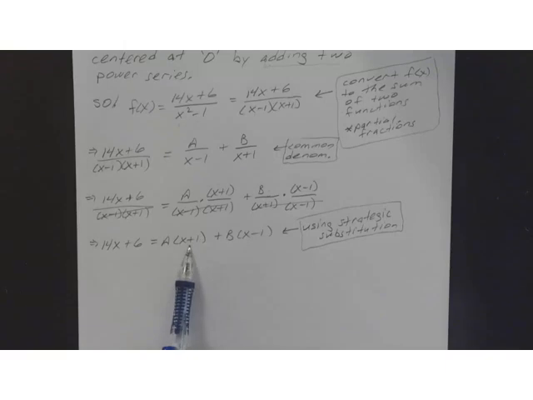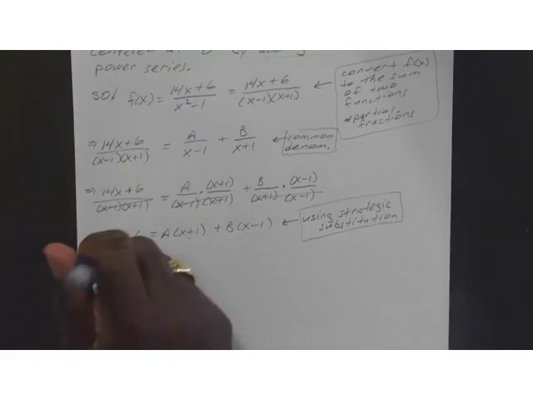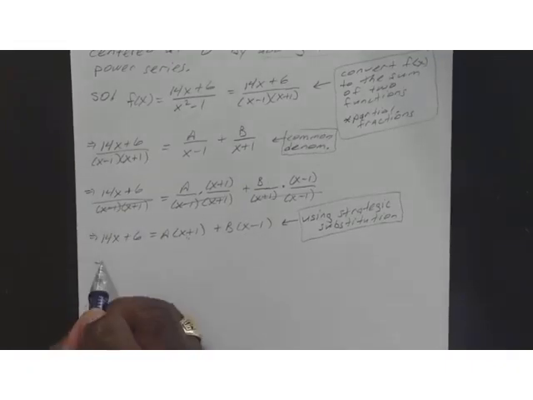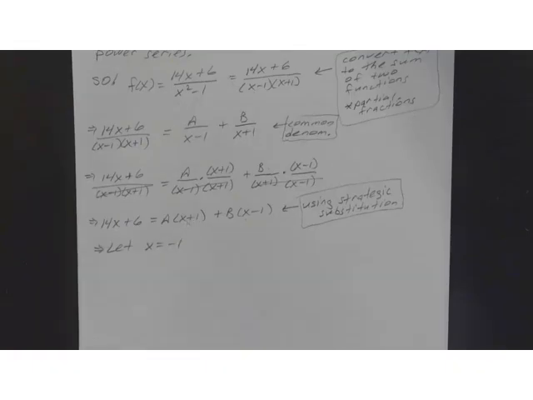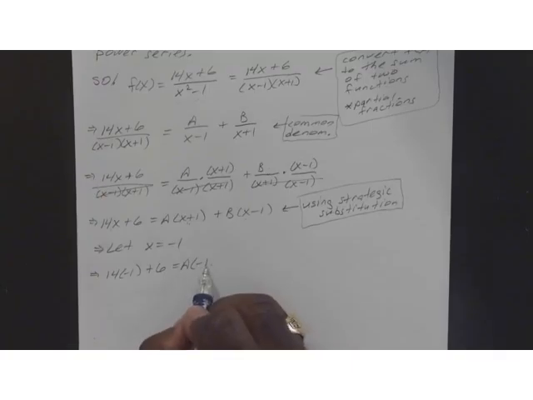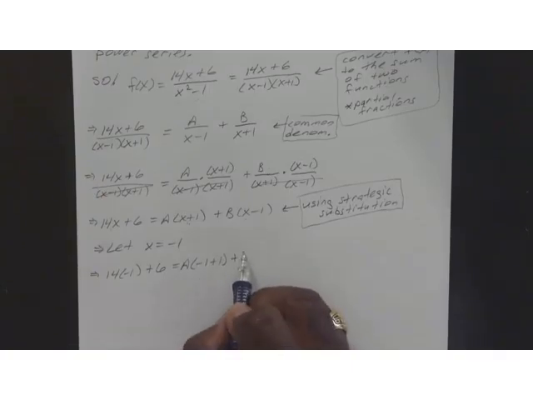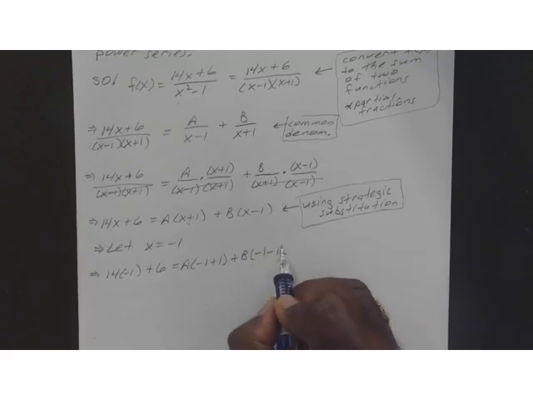Okay, so we know x plus 1, we want to make that equal 0, and x minus 1, we want to make that equal 0. So what if we make x equal, I'll say let x equal negative 1, because that would make this term equal 0. So that gives us 14 times negative 1 plus 6 is equal to a times negative 1 plus 1 plus b times negative 1 minus 1.